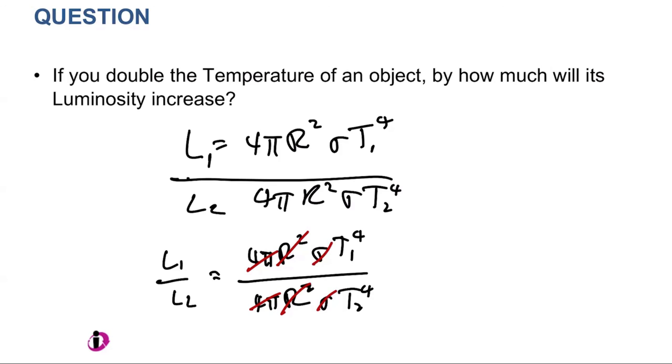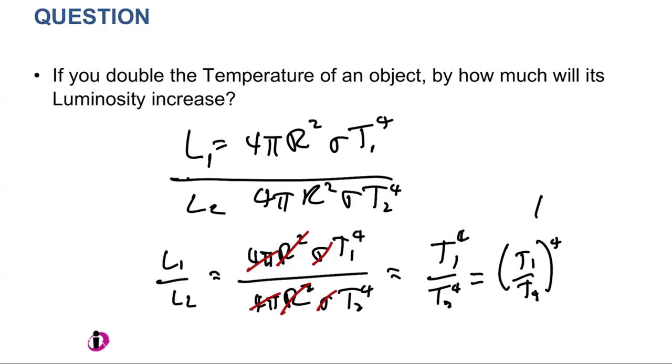And if we double the temperature, well, let's actually do a little bit more algebra. We can say this is T1 to the 4th over T2 to the 4th. I can rewrite this as, let's take the ratio first and then raise it to the 4th power. Those are equivalent things.